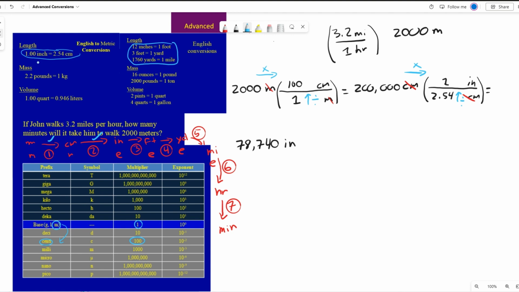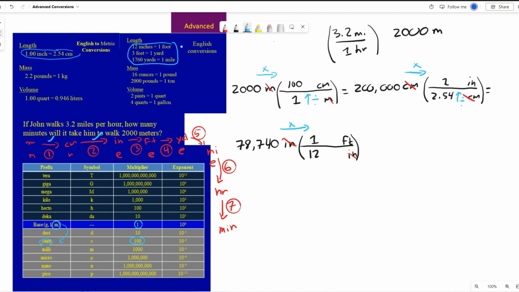Now we need to go from inches to feet, and that's going to be using our English to English conversion over here. So I'll draw our conversion factor line there. Inches on the bottom because we want it to cancel out. We want to end up with feet, so we put it up there. There are 12 inches for every 1 foot. So it's set up so inches and inches will cancel out.